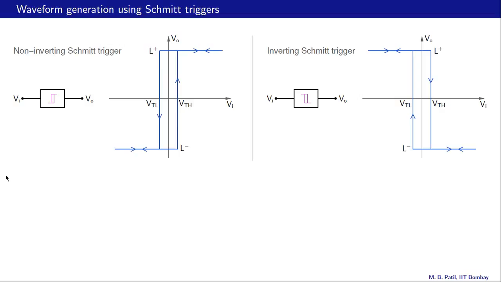Alright, let us make a few important points. A Schmitt trigger has two states, VO equal to L plus and VO equal to L minus.